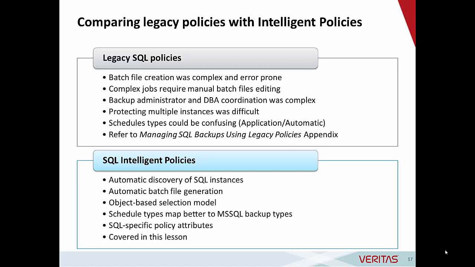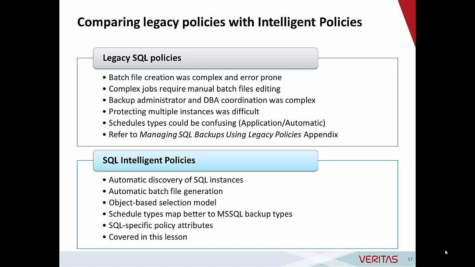And so a major improvement to protecting SQL Server came with the advent of intelligent policies. Intelligent policies automatically discover SQL Server instances and databases and automatically generate the batch files necessary to protect them. You basically just need to select which objects you want to protect from the graphical interface. And then the schedule types of fulls and differentials map more closely to the traditional schedule types that are used in regular file system backups.